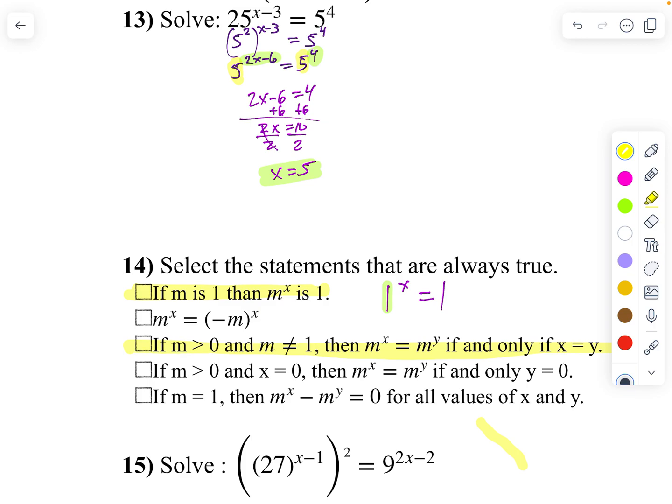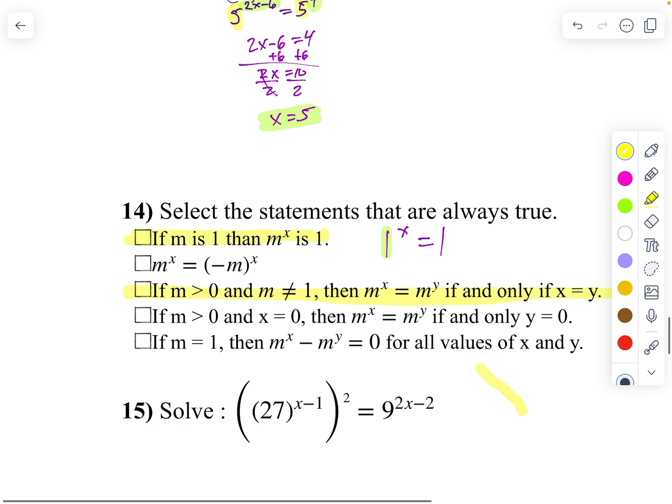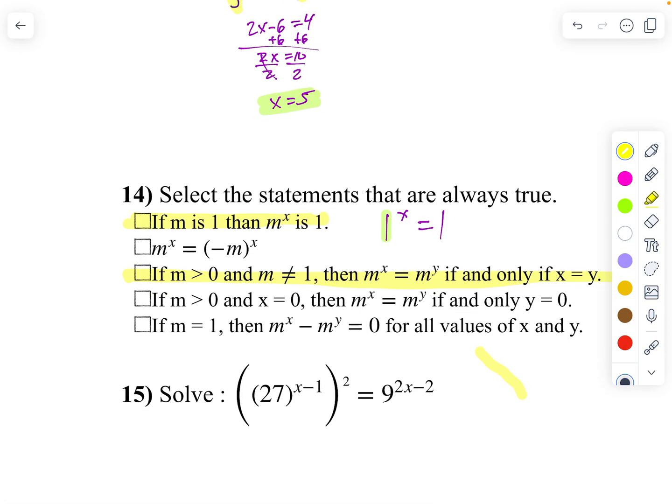Now, how about if x equals 0? Because I know it says m is bigger than 0. Now it says m to the x equals m to the y if and only if y equals 0. Well, since x is 0, anything to the 0 power would equal 1, wouldn't it?